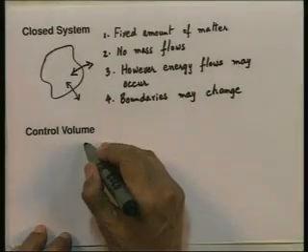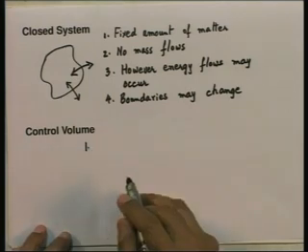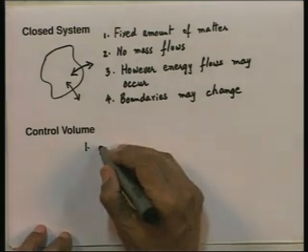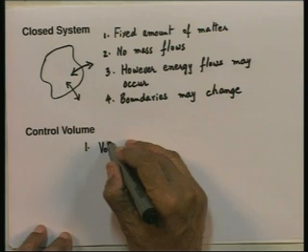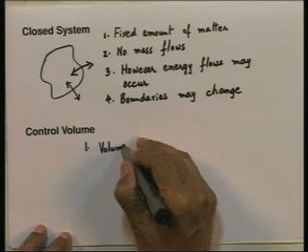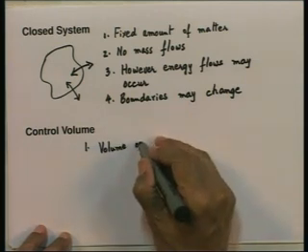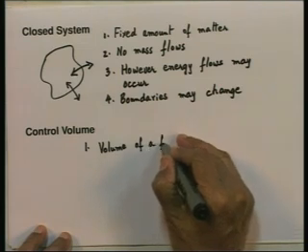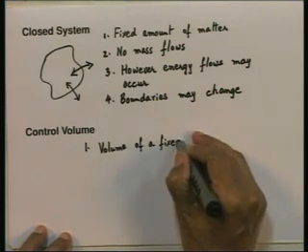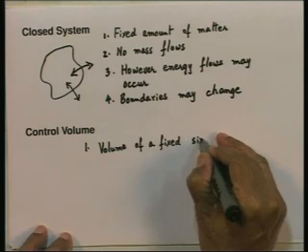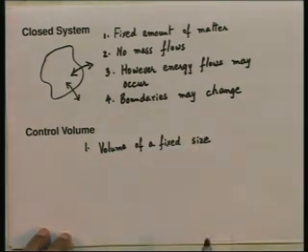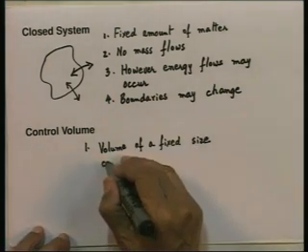On the other hand, a control volume is one in which the characteristics are, number 1, the volume which we are talking about is of a fixed size, containing matter. That is a control volume.